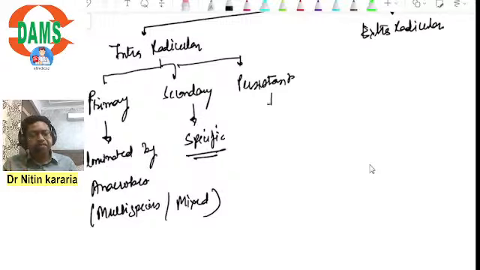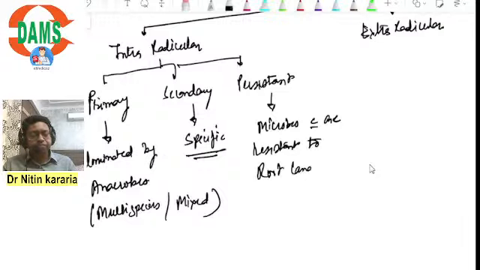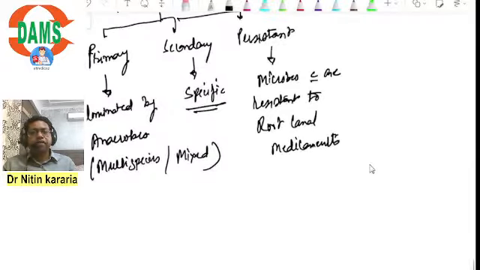And persistent infection means microbes which are resistant to root canal treatment procedures, medicaments and procedures. Whatever treatment we have done, flushing of the root canals and using intracanal medicaments, such microbes are not eliminated.